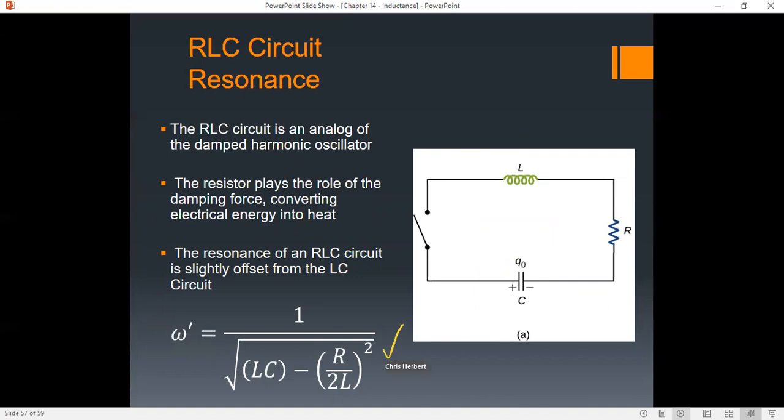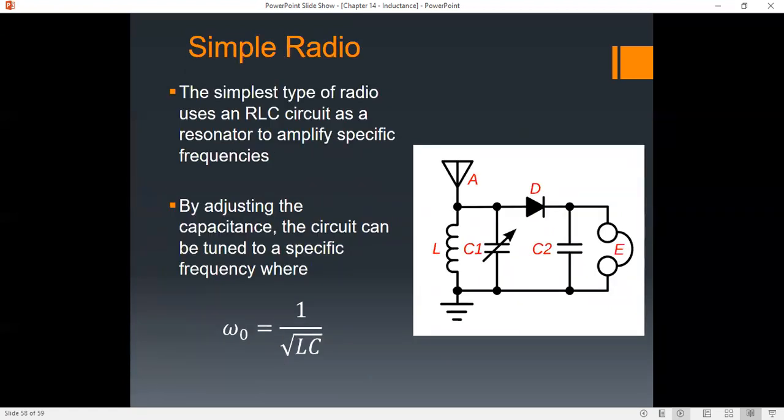There is our resonant frequency, and probably the nicest application of this is the simple radio. Now with radios today, they all have this digital tuning, and they're much fancier than what I'm showing right here. But basically, here's how the old radios worked, going back even to the oldest AM radios.